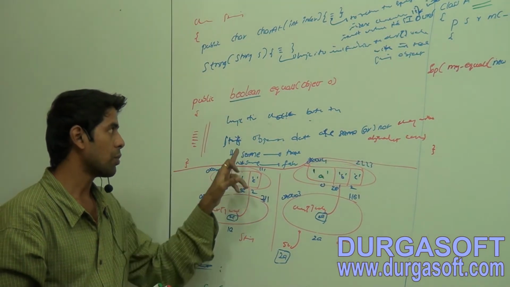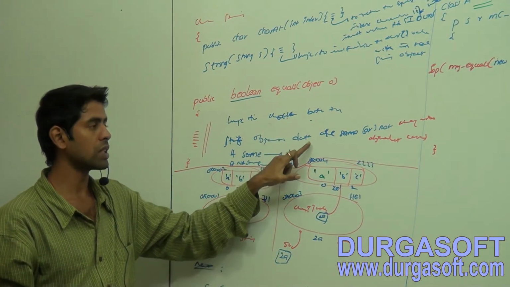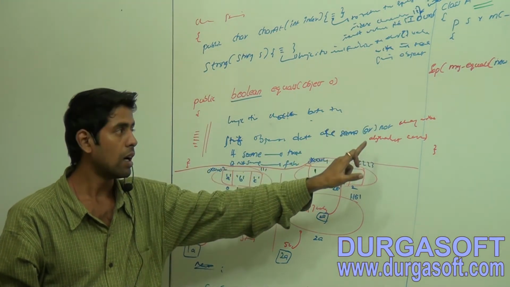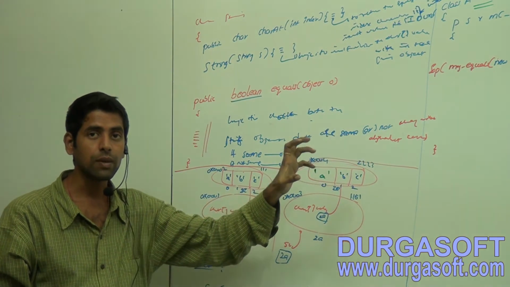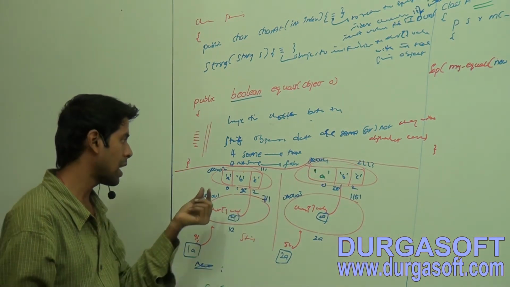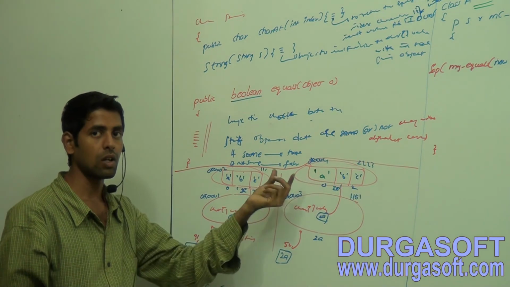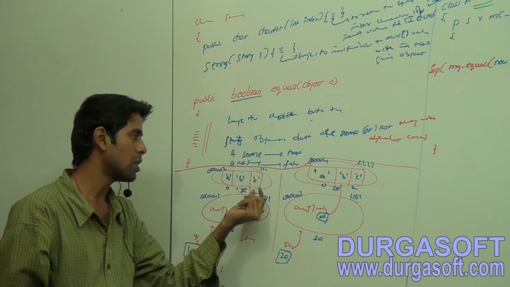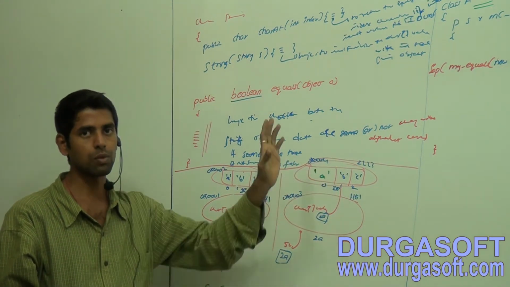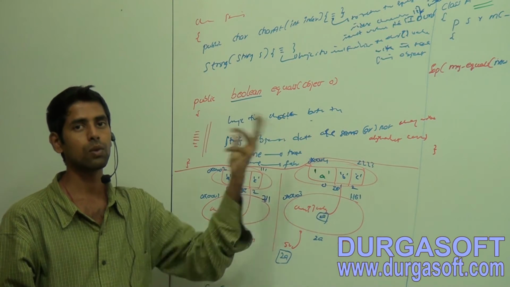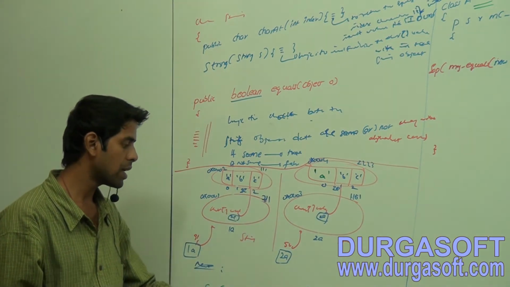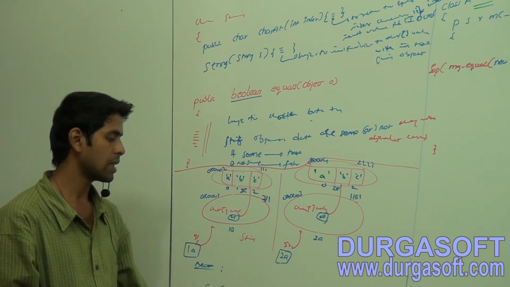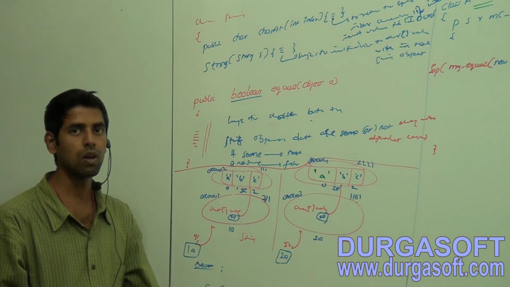It will check whether both string objects' data are the same or not, along with alphabet cases. It will check even case sensitivity. If you have capital A here, here also it should be capital A, not small a. If it is small b here, small b there, small c, like that only. If it is so, it will return true. If you pass some different object, it returns false. And if you pass null as an argument, it returns false.